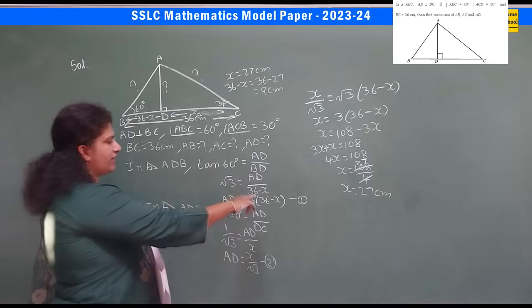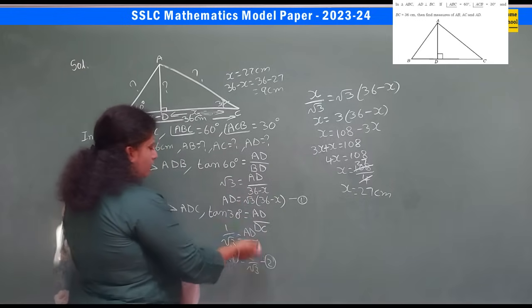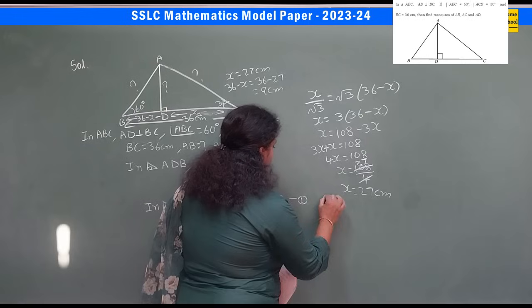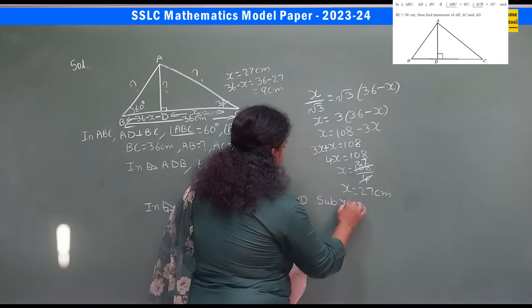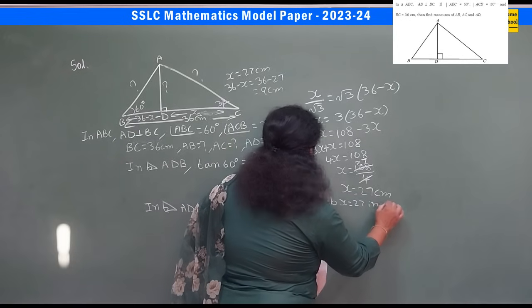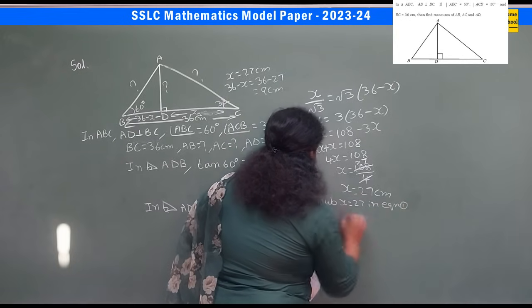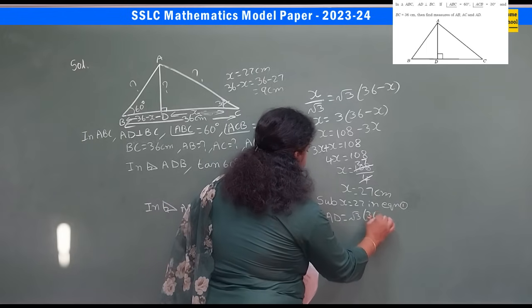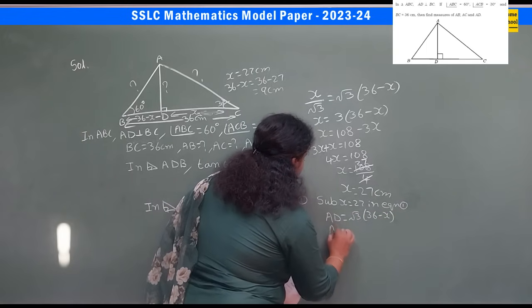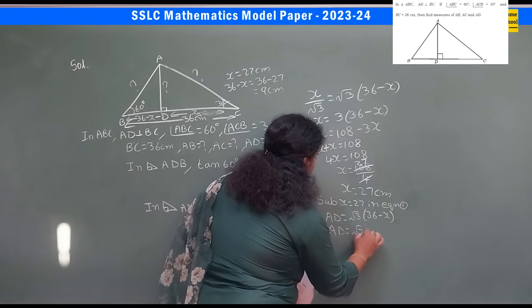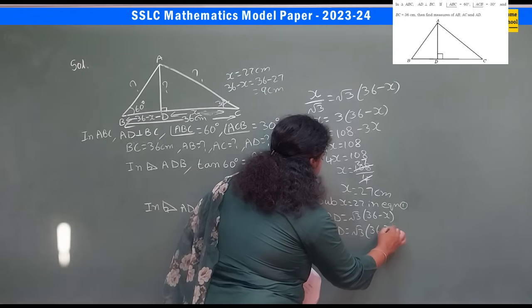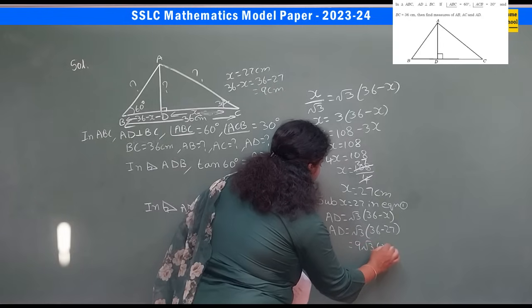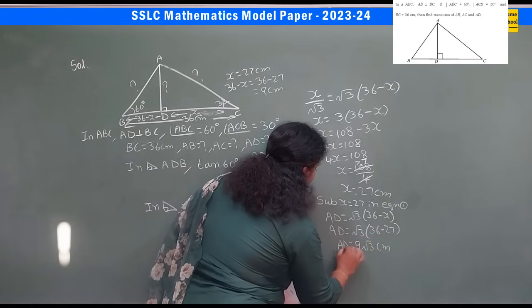If you substitute X value in equation 1 or equation 2, you will get AD. So let me go with this. Substitute X is equal to 27 in equation 1. AD is equal to root 3 into (36 minus X). That is AD is equal to root 3 into (36 minus 27). That will be 9 root 3 centimeters is AD.